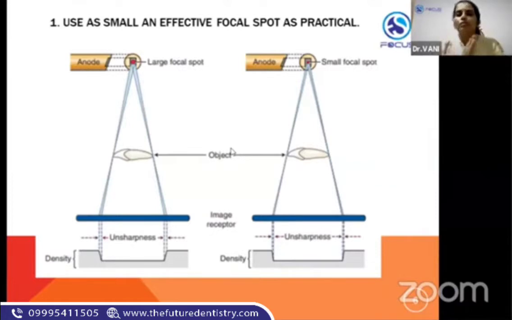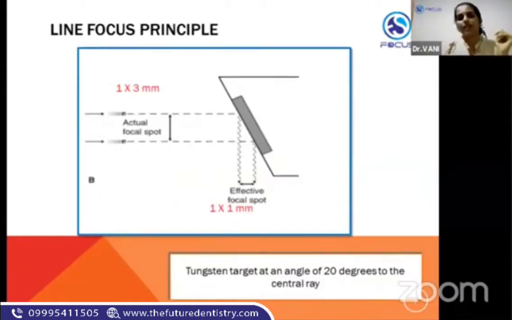Then how can you reduce the focal spot size? If we don't reduce the focal spot size, that can lead to blurred images, right? So how can you reduce the focal spot size effectively? That is by the line focus principle, wherein the tungsten target is placed at an angle of 20 degrees to the central ray.